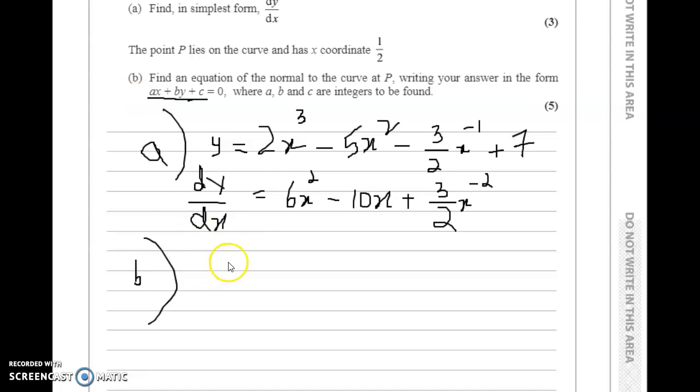So we will plug half into our original equation, which gives y equal to 3 when x is half.